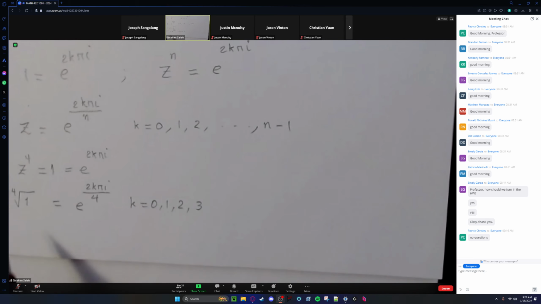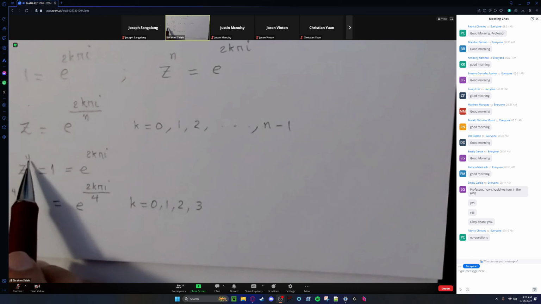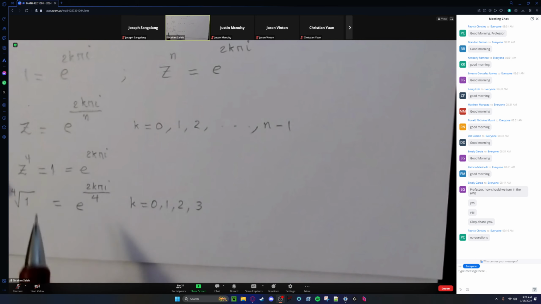So the fourth root of 1, in other words, the solution to this equation z to the 4 equal 1: when k is 0, you get 1.